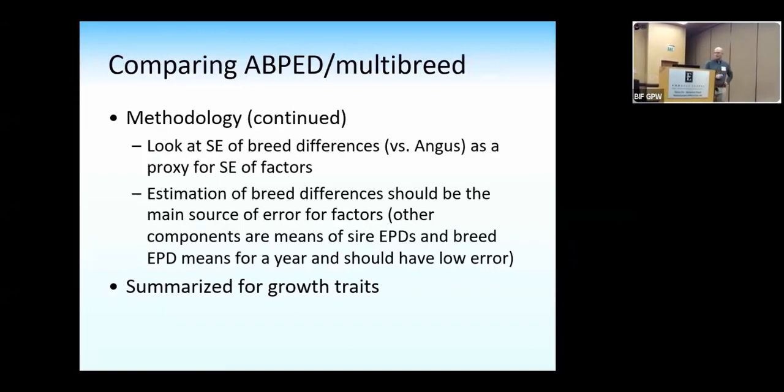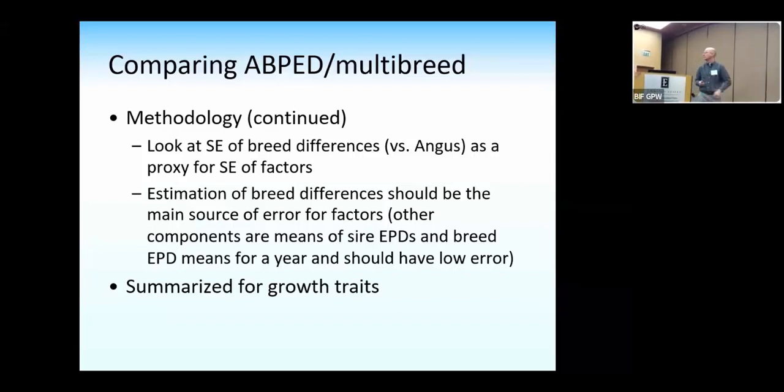And then we can look at the standard error of breed differences from GPE. That's the main source of error in this, because a lot of the other sources of error, averages of EPD and so forth, get pretty small. I realize I am making an assumption there, but I think that standard error of the breed difference is probably the largest contributor to the error in this.